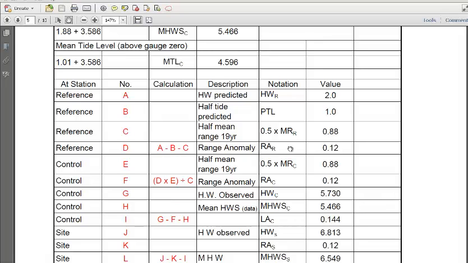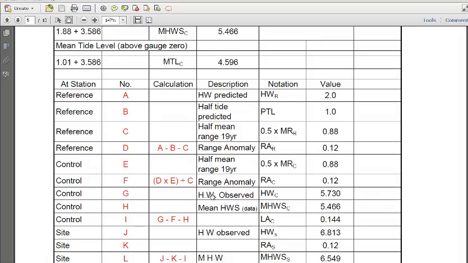We now need to work out the range anomaly at the control station. The control station and the reference station are essentially the same in this instance. So again, we start with the half mean range, and the range anomaly of 0.12 here again comes out to be the same value, which is what we would expect.